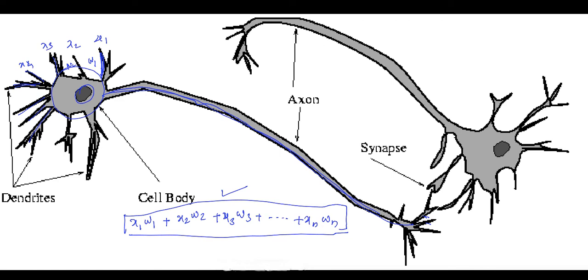So let us see the artificial neuron now. If I represent the biological neuron in a very simple way, we have this nucleus, or the cell body. These are the dendrites, right? The input is coming through these dendrites, and we are associating weights with these inputs.